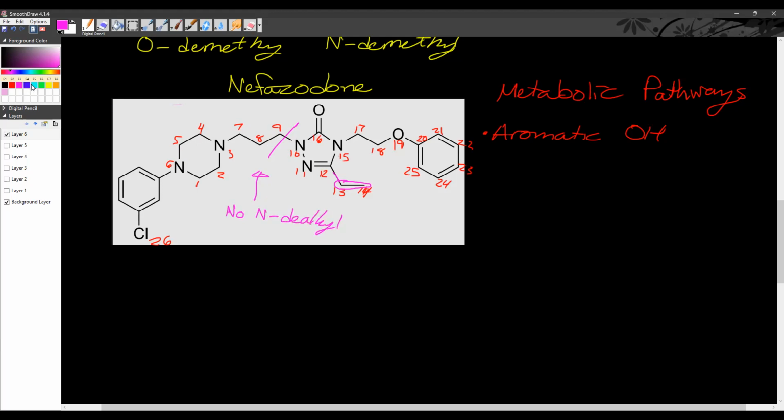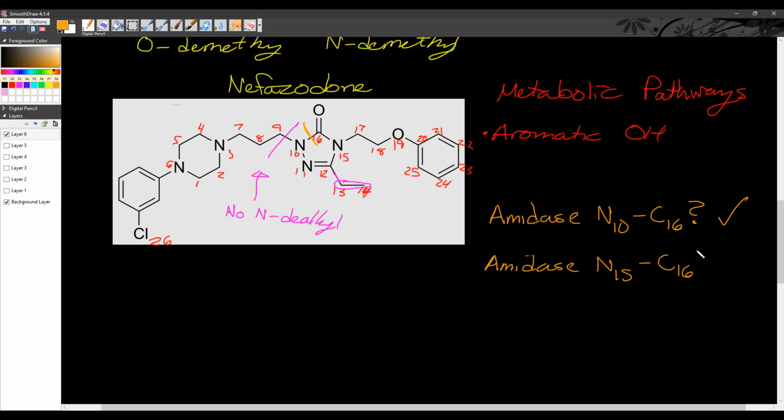right? Can we, however, do amidase between nitrogen 10 and carbon 16? Is that valid? Yeah, totally valid. Can we do amidase between nitrogen 15 and carbon 16?